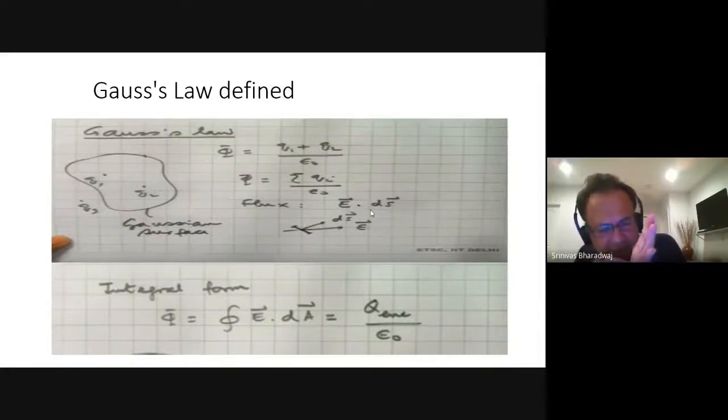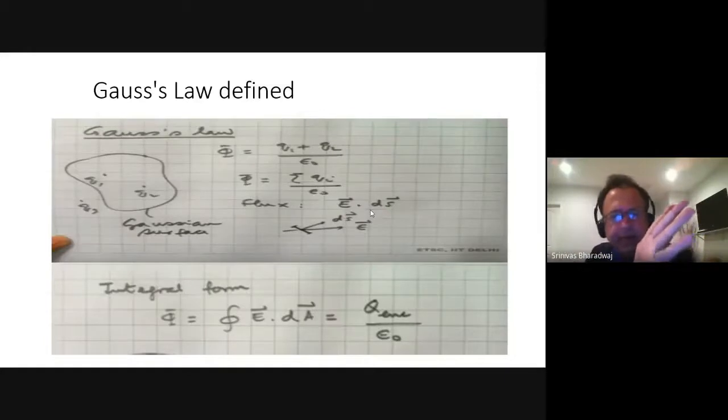Let's say you take a very minuscule area, because in calculus you always deal with minuscule things, like dx. Say the palm of my hand is an area, and I take a very small piece of it.